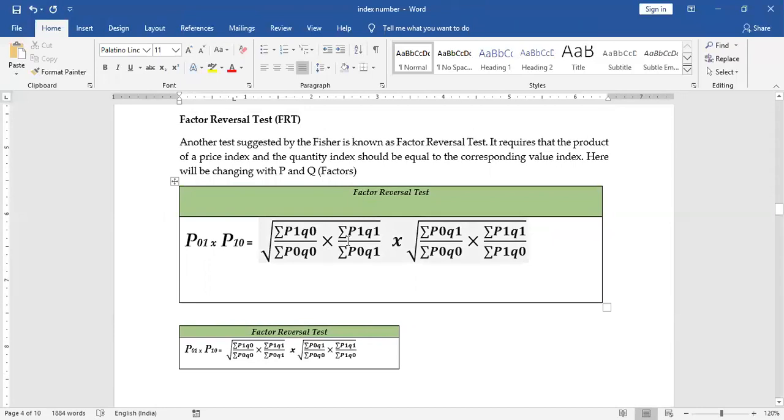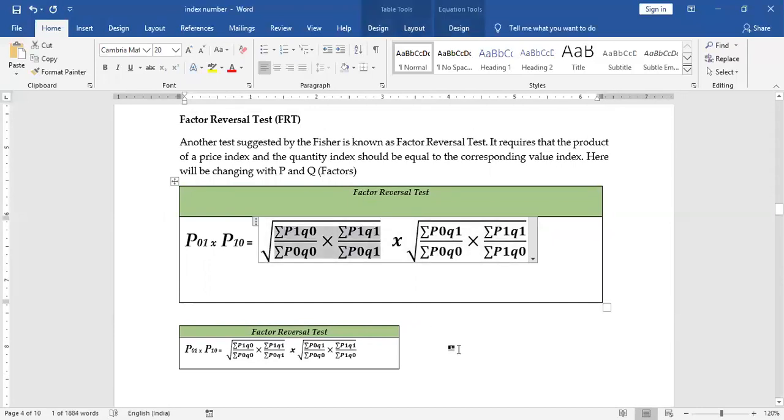So the same Laspeyres' and Paasche's formula I have applied in the initial stage. But we will be changing with factors. What I said, we'll be changing with factors.